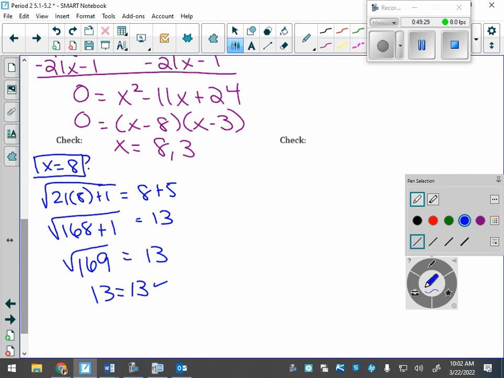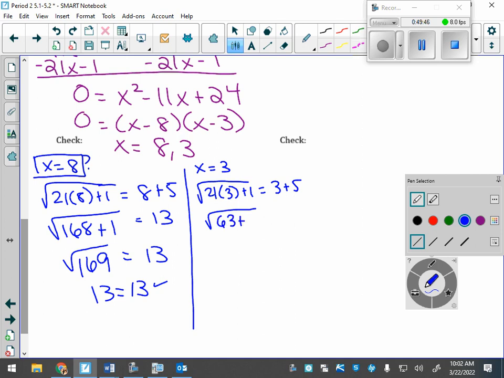Now I have to do the same thing with x equals 3. 21 times 3. Did 3 work?